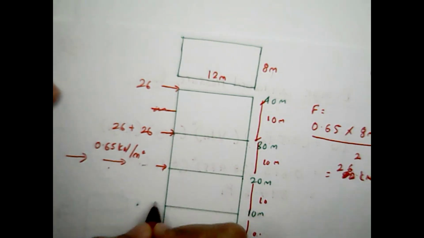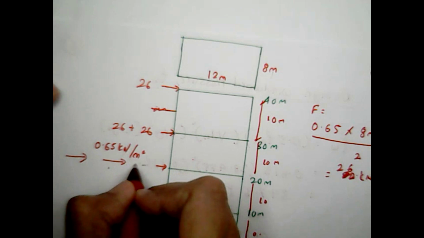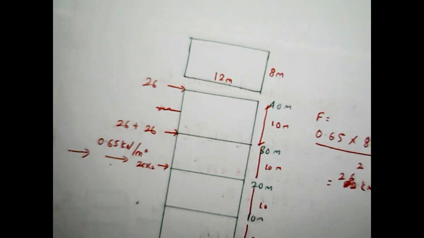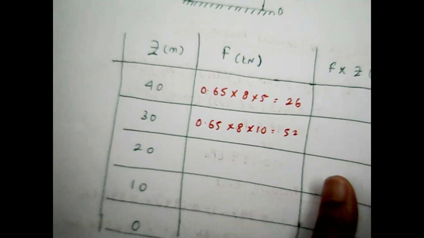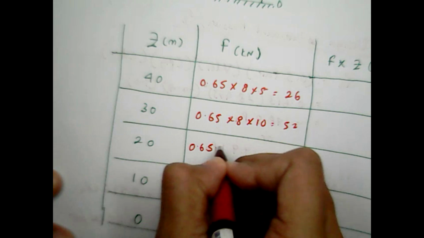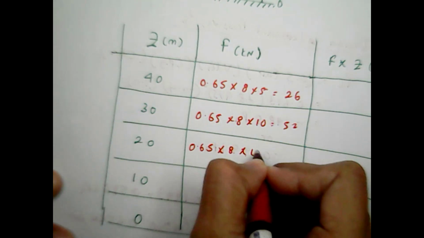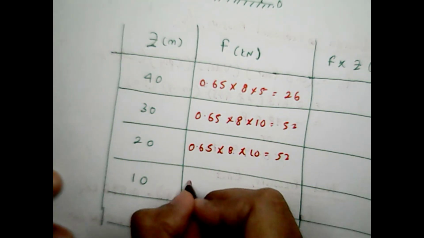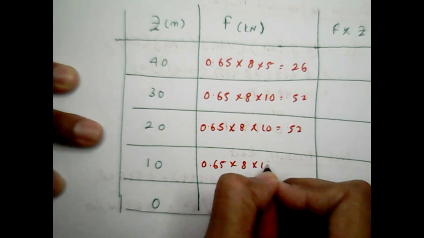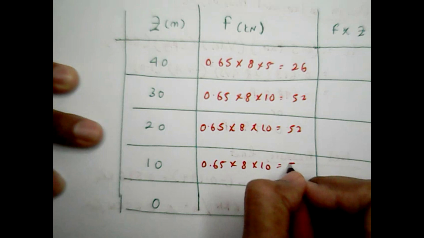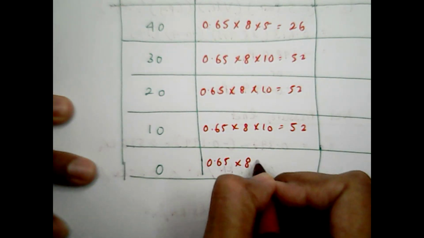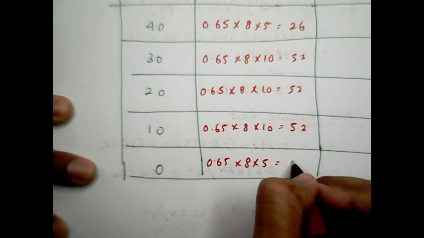So that's why in the middle they are doubles. 26 times 2, so here is 52, and you can see here 0.65 times 8 times 10 equals 52. Here 0.65 times 8 times 5 equivalent to 26.